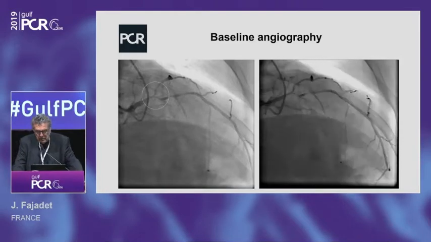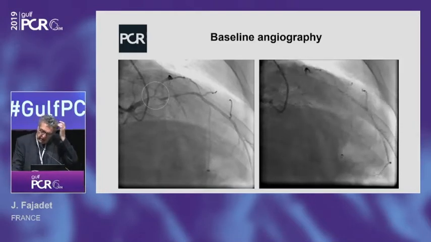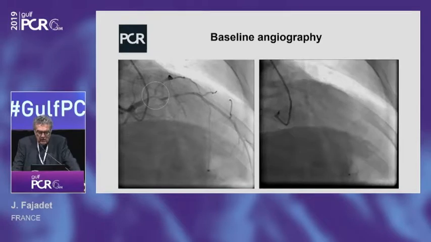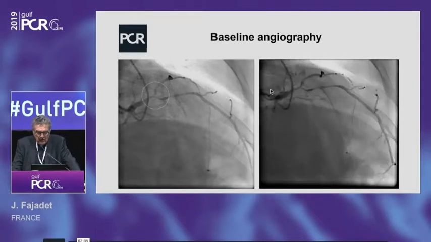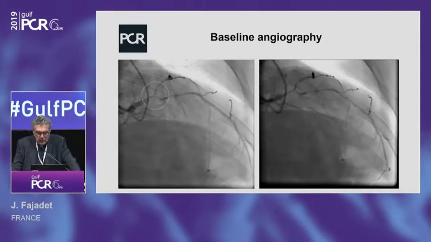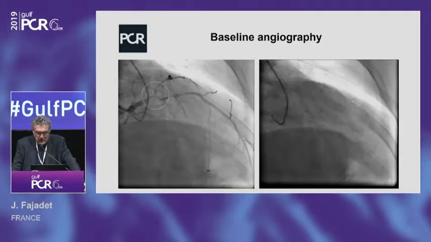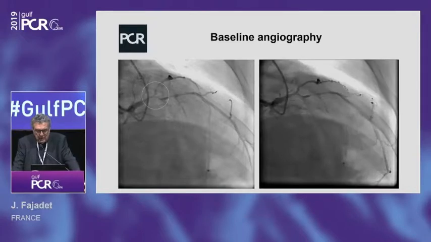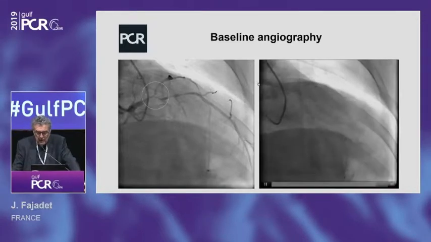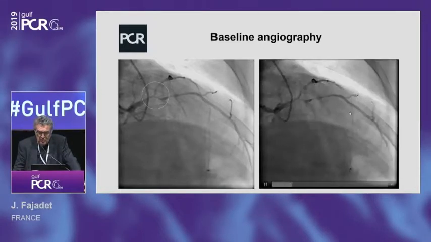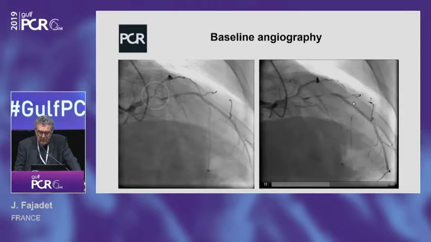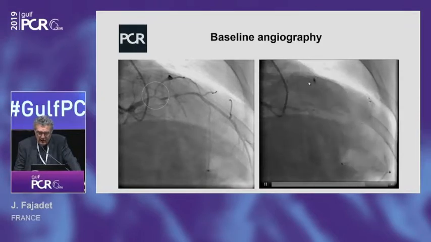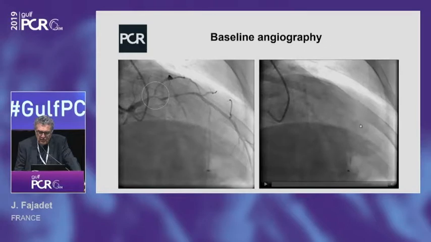This is the baseline angiography, and you could see that in this view, the left main has mild atheroma, but no critical disease. And there is this critical long lesion on the LAD with a large distal bed, with certainly some hypokinesia of the anterior and apical wall.